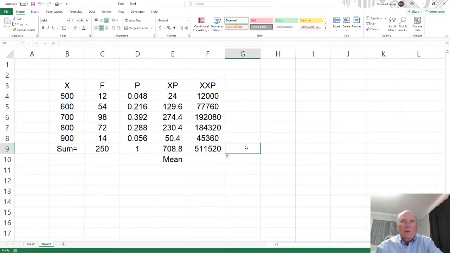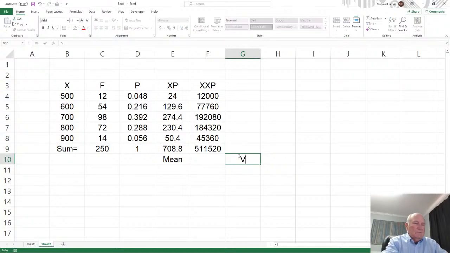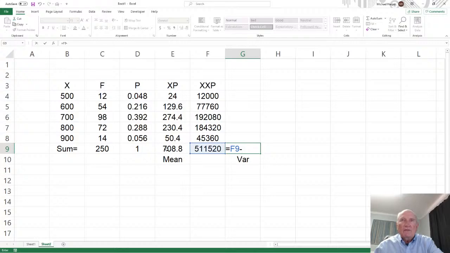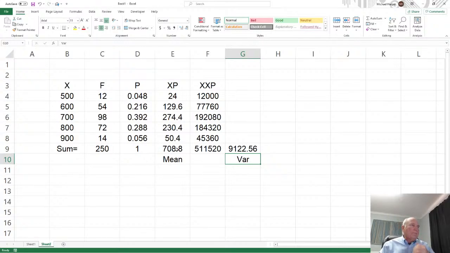Then over here, the variance will equal the sum of the squared values minus the mean squared. This times this. And so there is our variance.